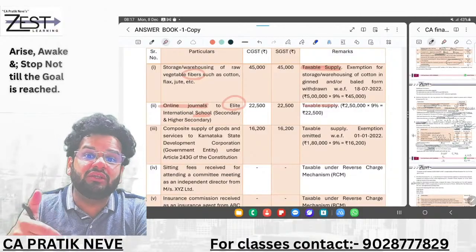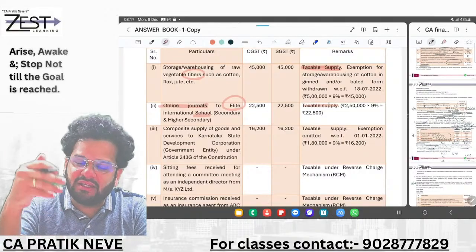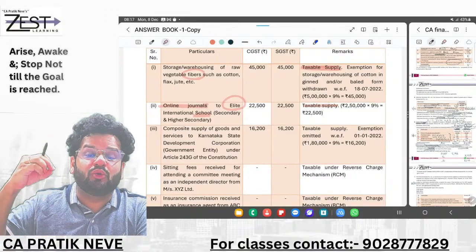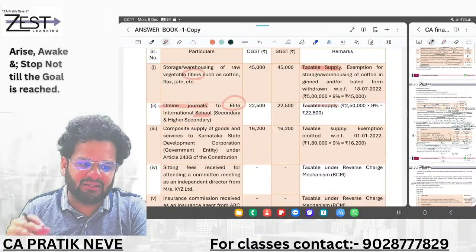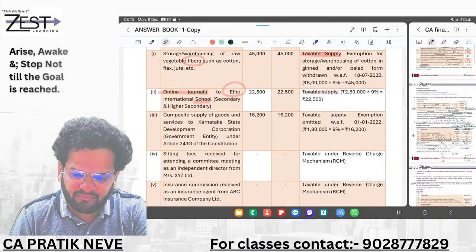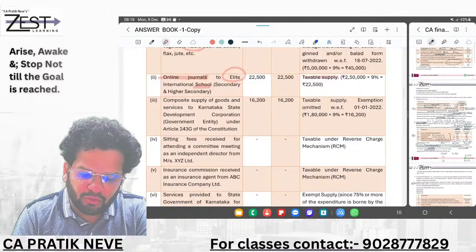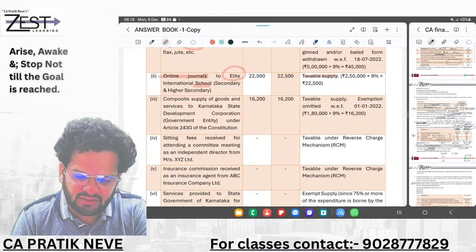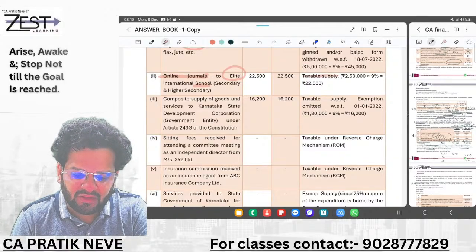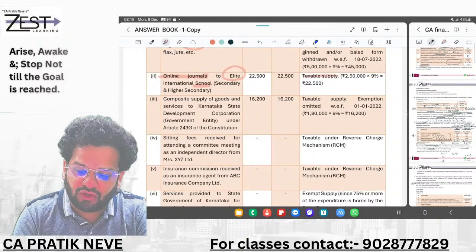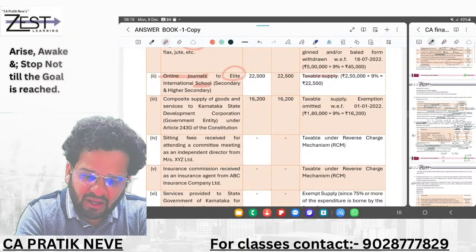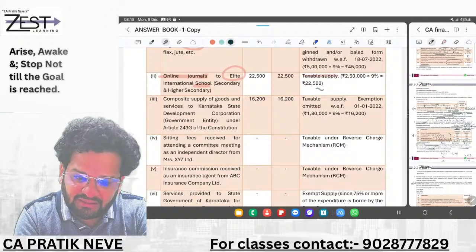Exempted only if given to an education institution providing a degree, and that too a degree in India. Then composite supply of goods and services to the Karnataka state development entity under Article 243G of the Constitution. Now this will be exempt.